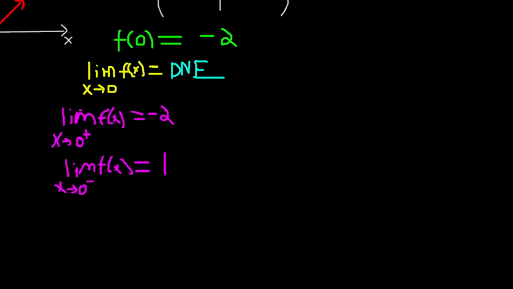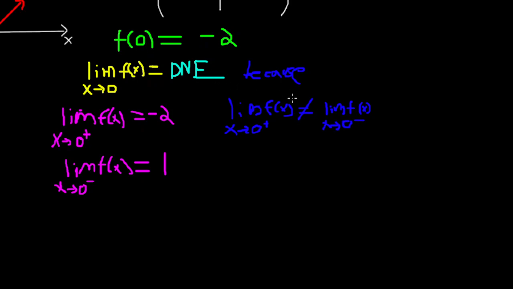And let's see, because the limit of f of x as x approaches 0 from the right does not equal the limit of f of x as x approaches 0 from the left.